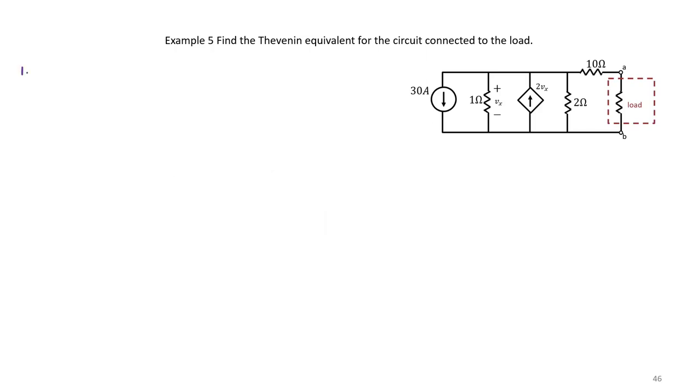Remember, our first step is to find the OC. Once again, we can neglect the load portion of the circuit because we don't care about that. And remember, we can recognize that no current flows through the 10 ohm resistor.